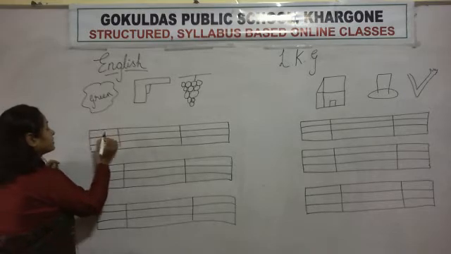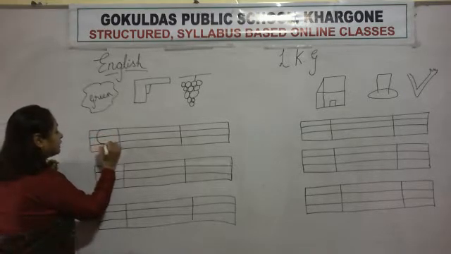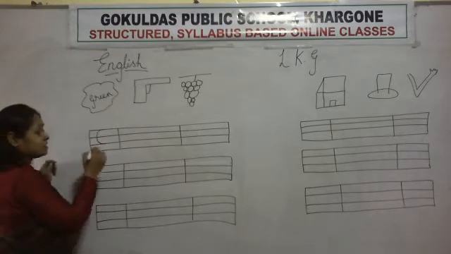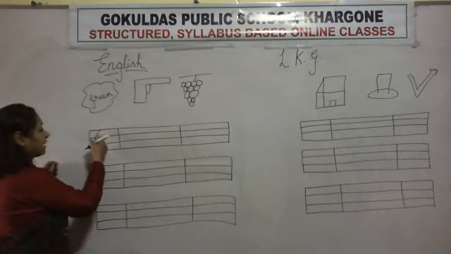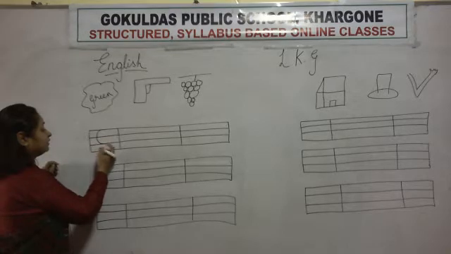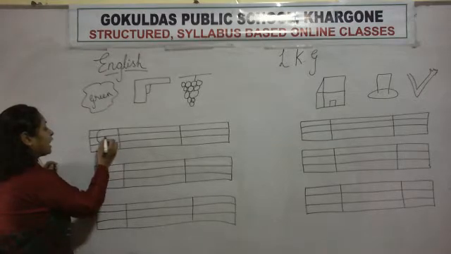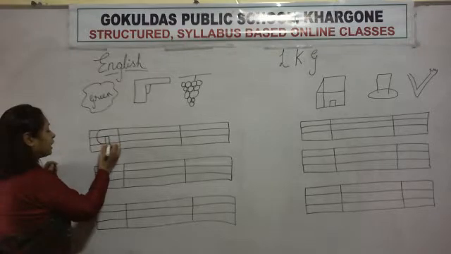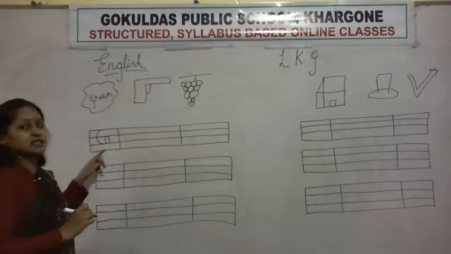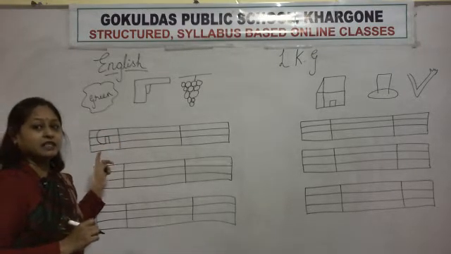So, start from the upper line, make a half curve till the base line. Then from the base line go up to the middle line, then on the middle line a sleeping line, then down. What is this? G.